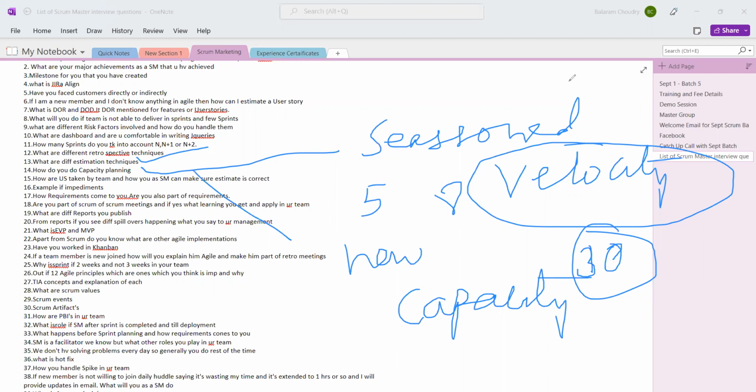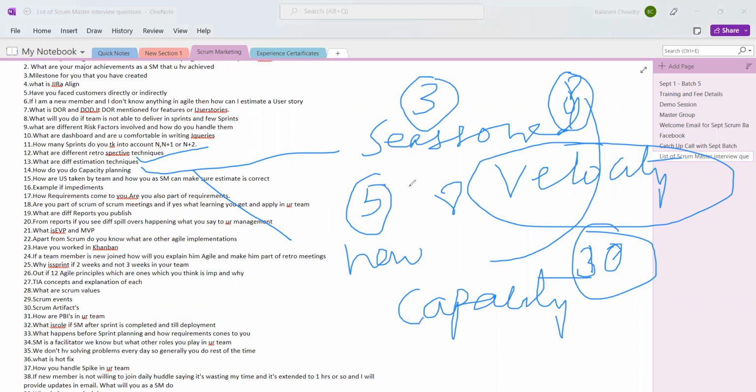We all have 8 story points as a standard estimate per person per day. Instead of that, this is not per day, this is per sprint we are going to give. So instead of 8, we may give only 5 story points, or maybe only 3 story points for somebody who is not so experienced.